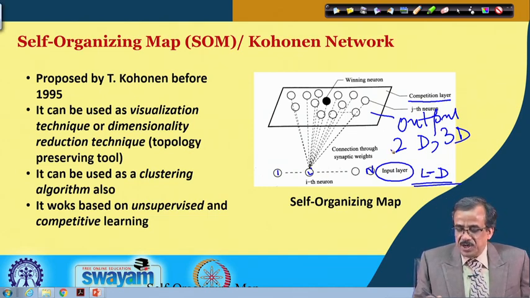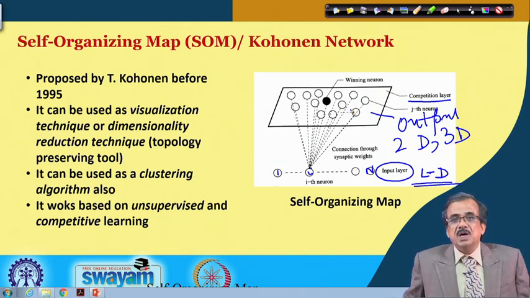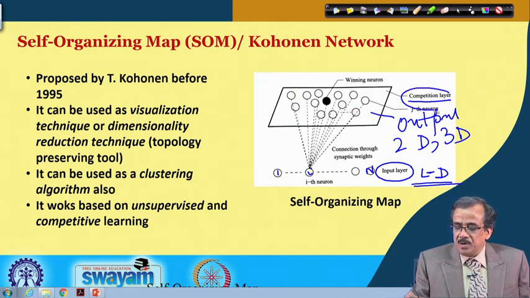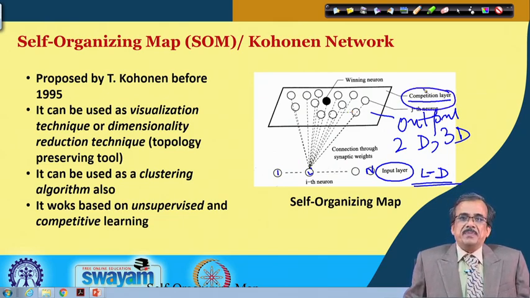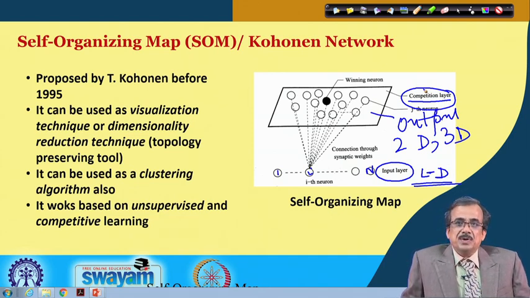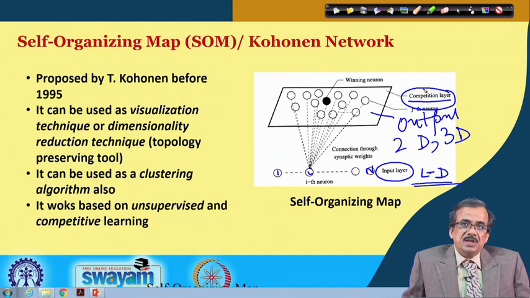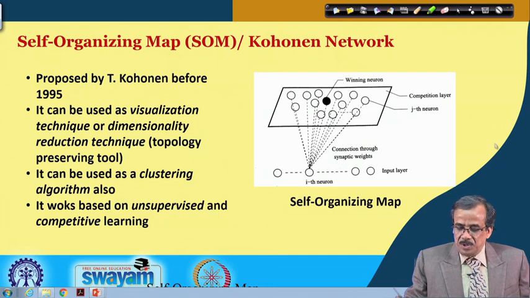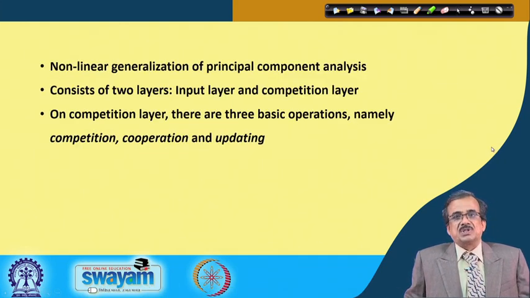So, these particular data points are to be mapped to the lower dimension, and that is nothing but the output layer or the competition layer. Now, we are going to discuss in details how can you do this type of mapping from higher dimension to the lower dimension by maintaining the topological information of these data points. So, these things actually we are going to discuss in much more details.